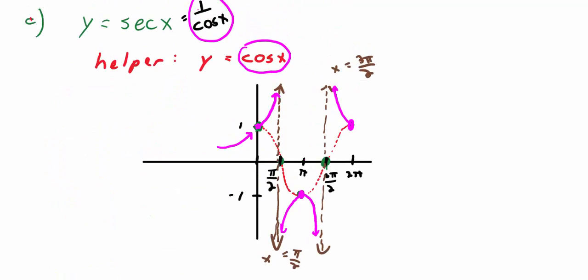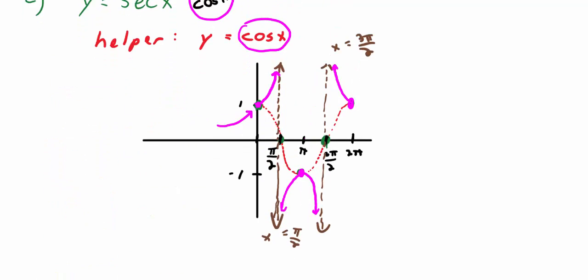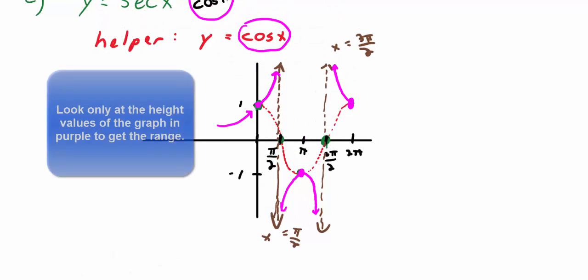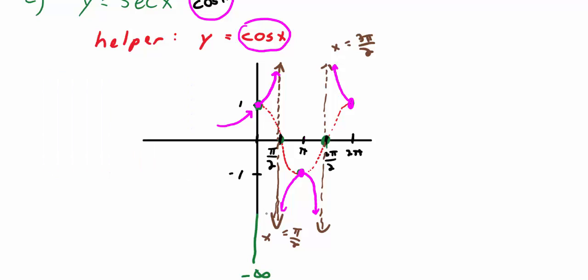The range, this is interesting. If you think height-wise, negative infinity is down here somewhere, right? Negative 1 is right here. That would be one interval in the range. And then from 1 right here all the way up to, on the y-axis, positive infinity is up here somewhere.